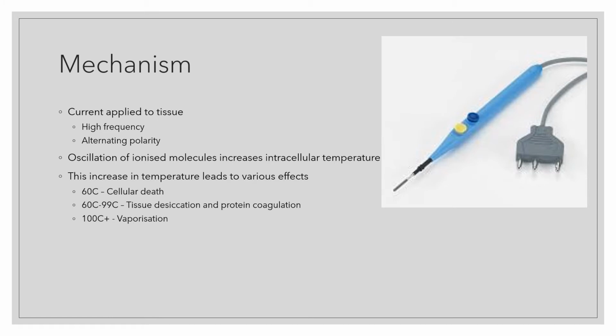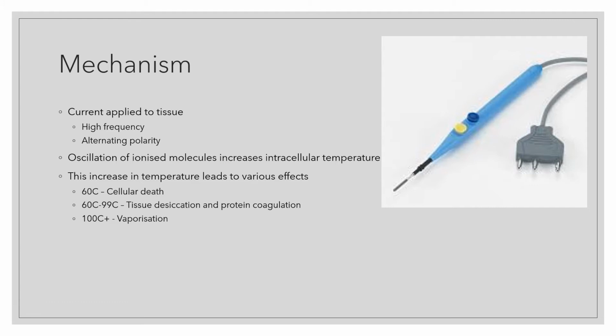Increased temperature leads to a variety of effects, and we can take advantage of different temperature brackets to cause different consequences. So at about 60 degrees Celsius, you experience cellular death. Effectively, the cell denatures and can rupture, but it's a more gradual process.